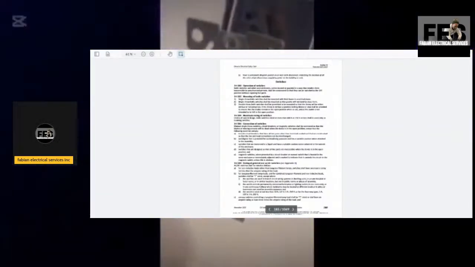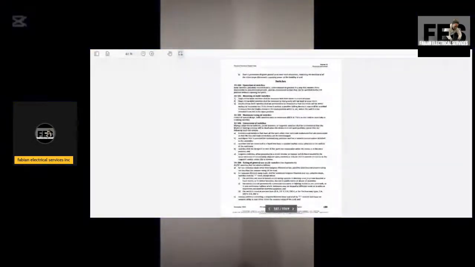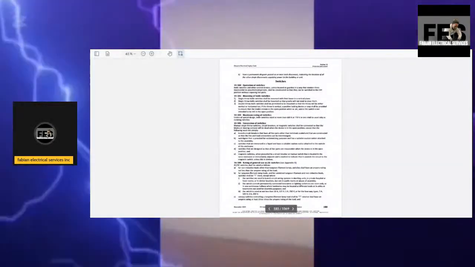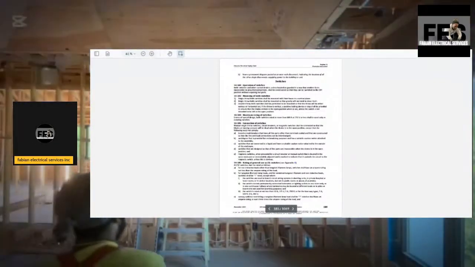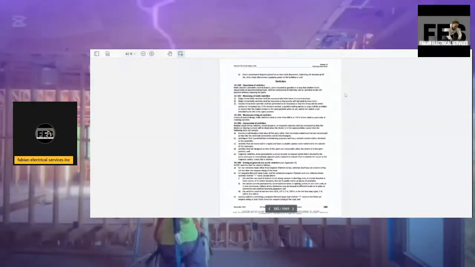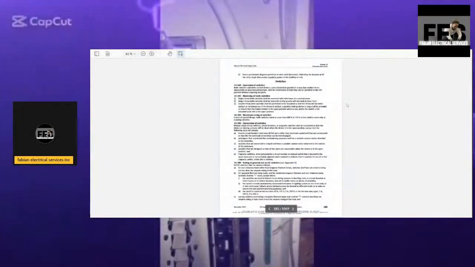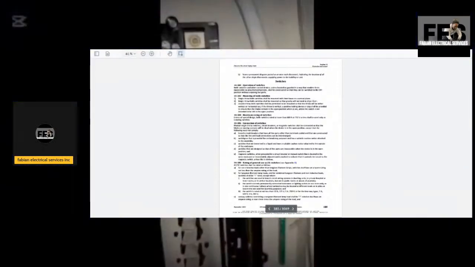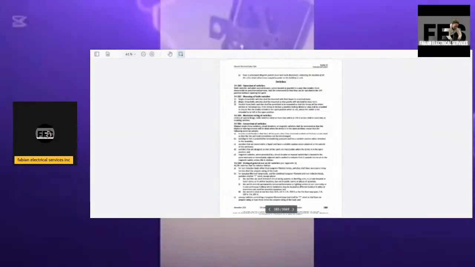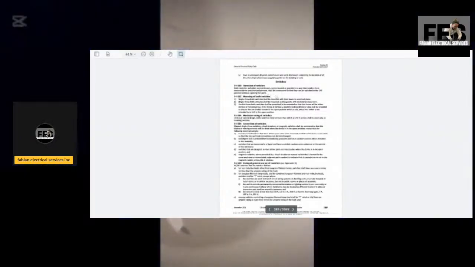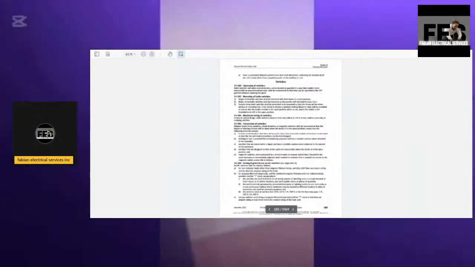So there are different types of switches, and those switches do have live parts, and it has to be constructed in a way where no one is going to be hurt. So there you see it here: shall be constructed so that they can be switched to the off position without exposing live parts.